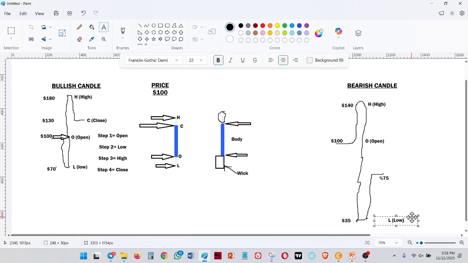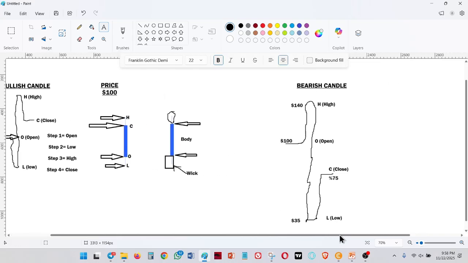So we had our low at what price? At $35. Then after having our low, what do we have next? We have our C. C for close. So we finally close at what price? $75. So we call it a bearish market.